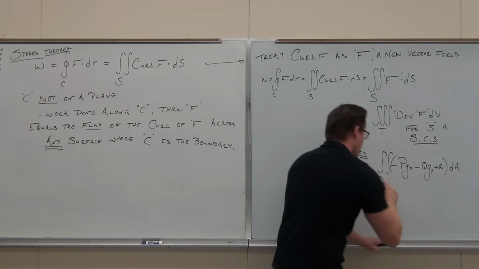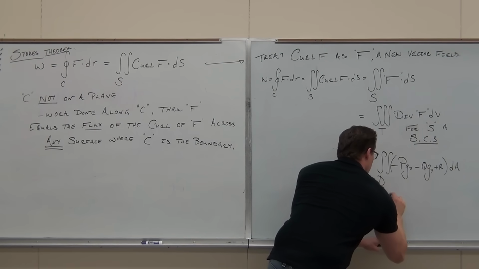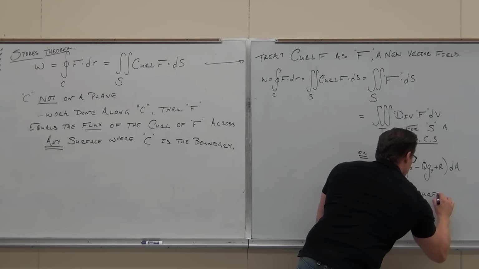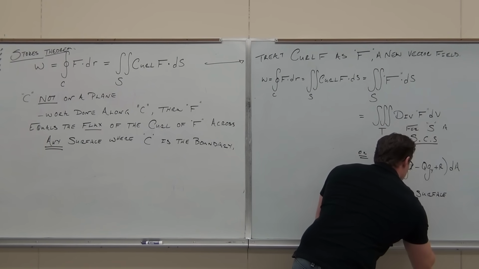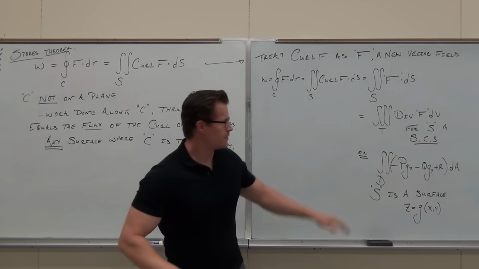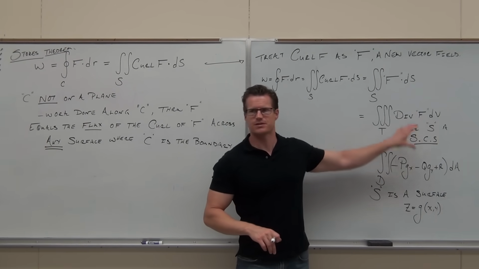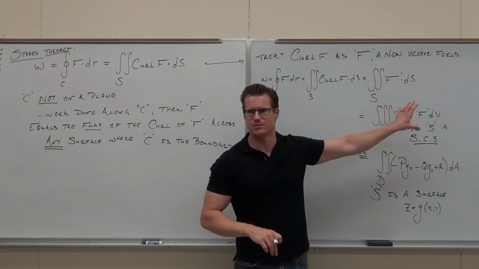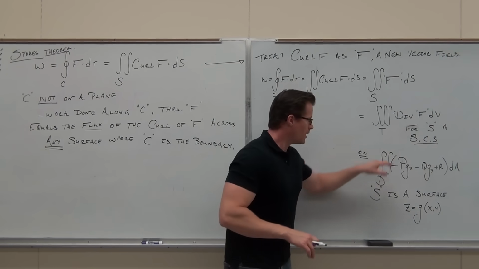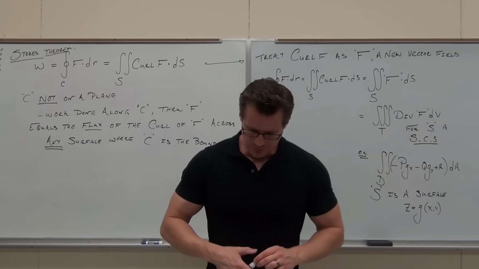Yeah, that's exactly right. Just like it was before. This is what happens every time. This doesn't really happen with Stokes theorem, at least not very often. This happens every time.